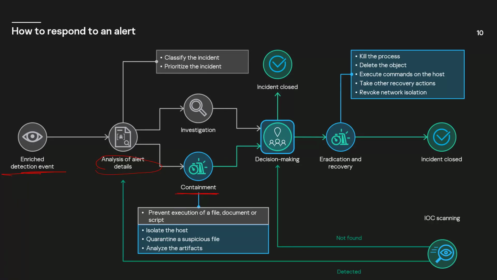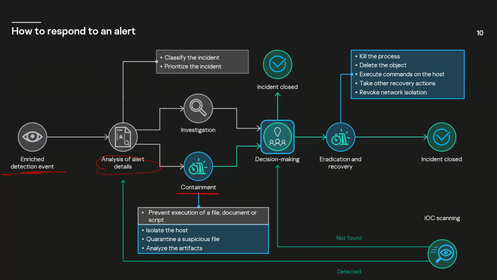What does it mean? It means that we need to reduce the risk of spreading the malware across the network. So it is better to act fast and isolate the host, prevent execution of a file, for example, and quarantine the file which is malicious. If there are a few people, they can do it simultaneously in parallel, but usually it's a good option to contain the threat as soon as possible.